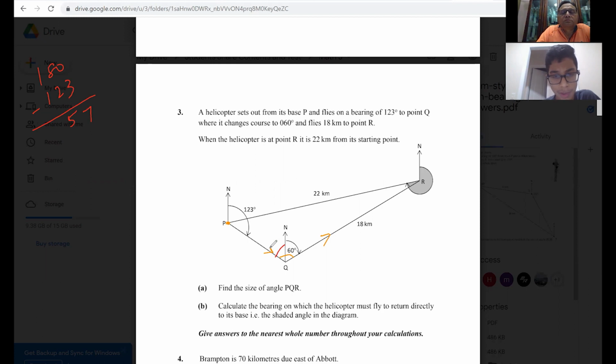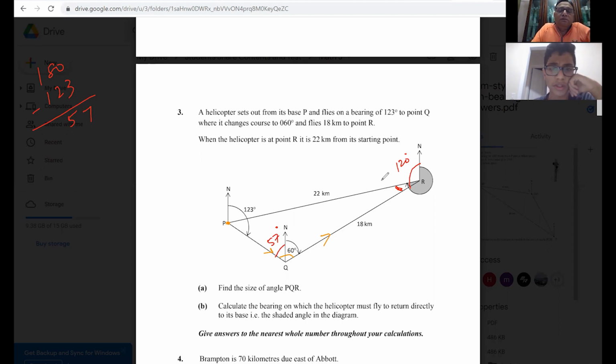So then the whole angle is 117. I think I found the shaded angle, this angle and this angle, right? These two are not, and this is 60, and this is 120. Is it okay? You have to find that small angle also.